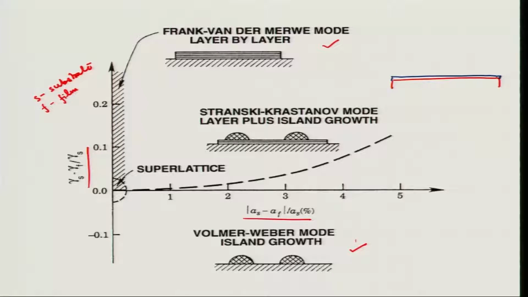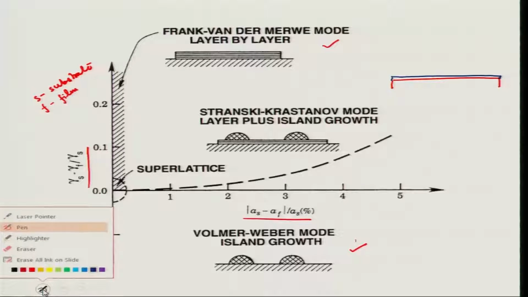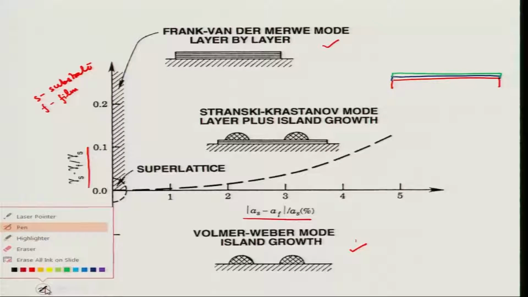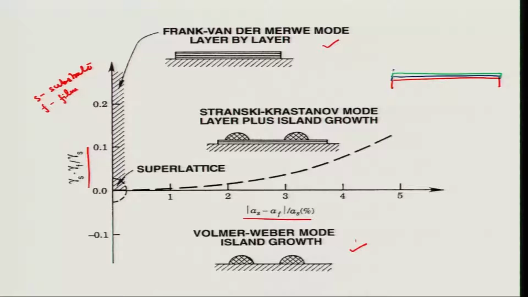There will be some lattice mismatch, but you do not go above the critical thickness, so there is no island growth. Then you switch your material to a different material. Again, there will be a lattice mismatch, but the strain in these two films is in opposite direction, so that there is no buildup of strain in these two layers. Then you can switch back to your first layer.